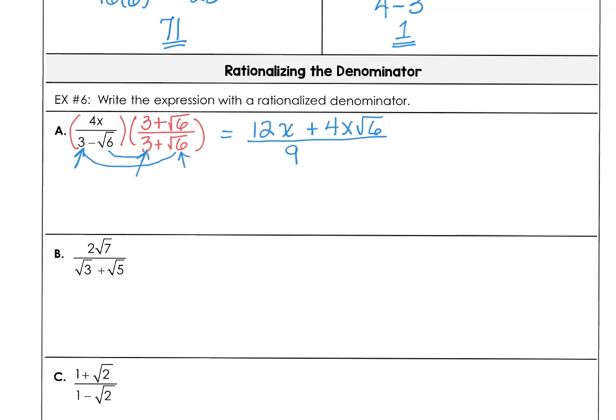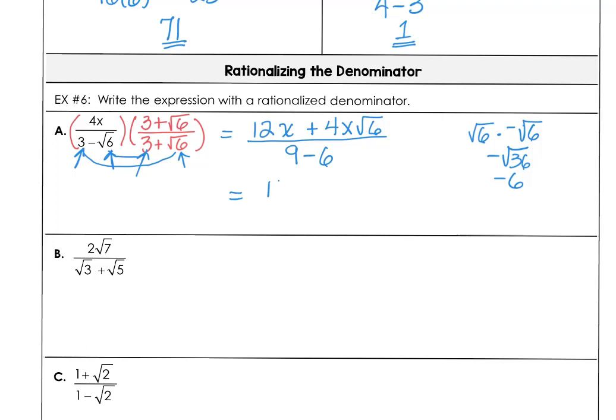And then the last two terms, that's the square root of 36. So square root of 6 times negative square root of 6 is going to make negative square root of 36, which is just negative 6. So we have 9 minus 6 in the bottom.